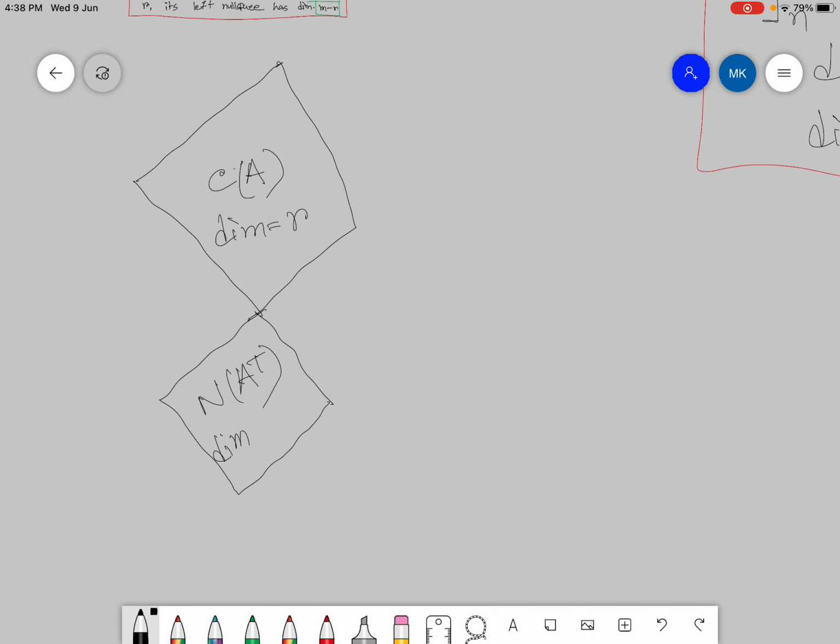In this case the dimension is m minus r, okay.